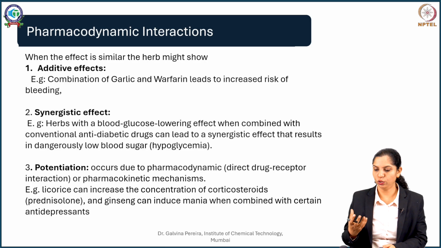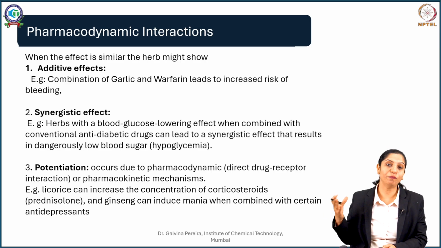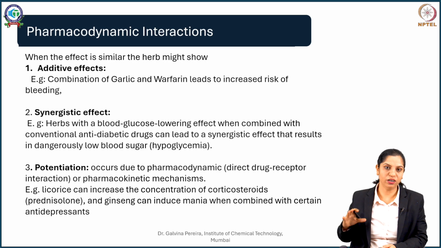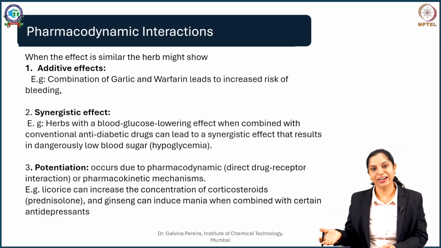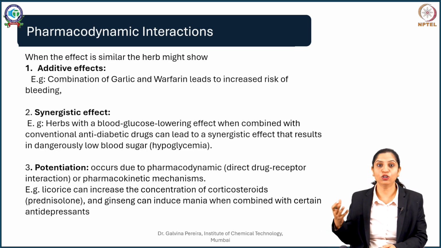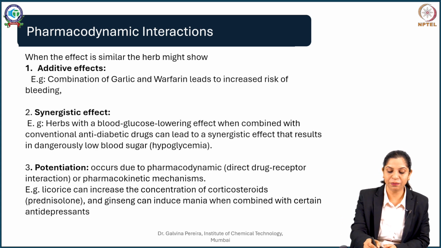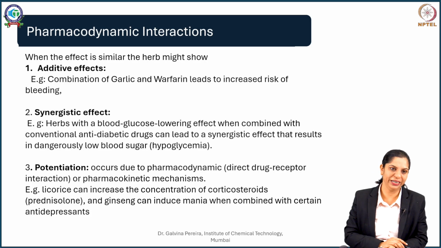Garlic is known to be an inhibitor of platelet aggregation. So imagine a herb which is an inhibitor of platelet aggregation, which is required for your clotting, taken along with warfarin, which also interferes with the blood clotting mechanism. The patient is at much increased risk of bleeding.